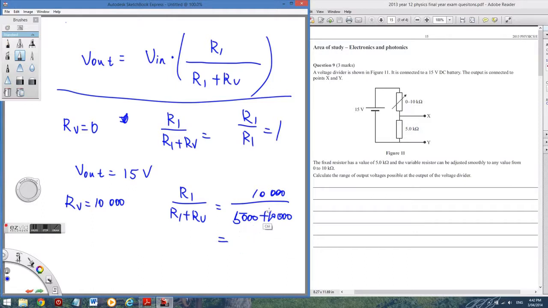Sorry, now I made a mistake again. Okay. It's going to be 1/3 here. So my V out must be 1/3 of voltage input, okay, which is going to be 5 volts. Again, my voltage output varies from 5 volts to 15 volts.